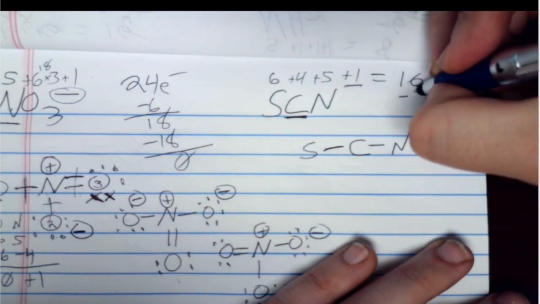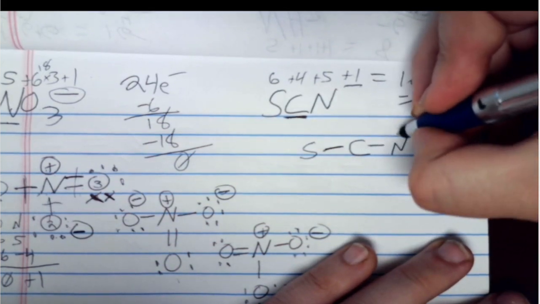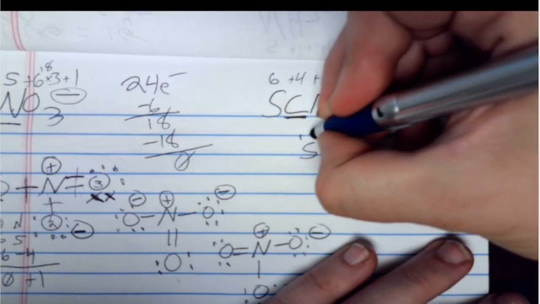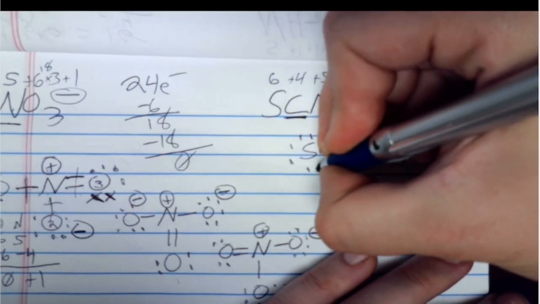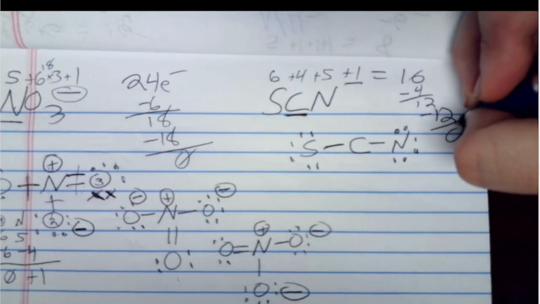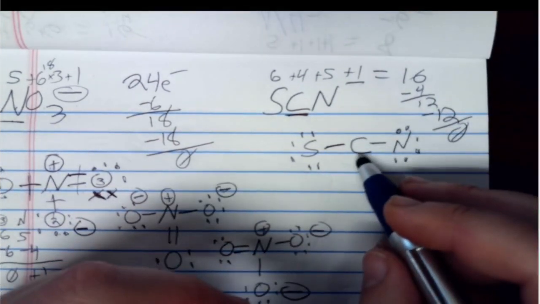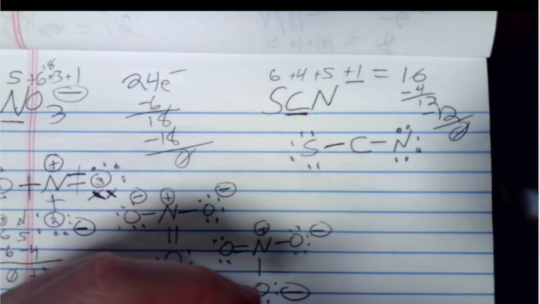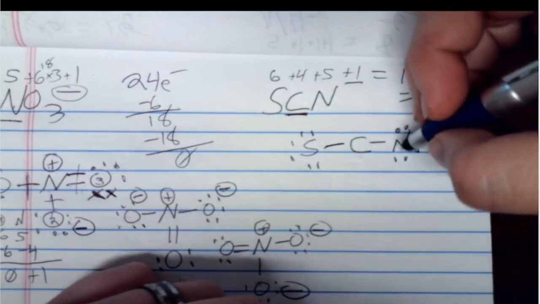That's minus 4, so that's 12. Boom, boom, boom, boom. That uses up all 12. We have 0 electrons left. Carbon has 1, 2, 3, 4. It needs 8. There are 3 possible structures.